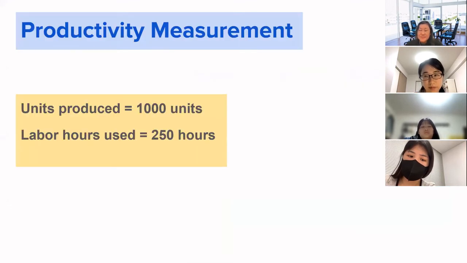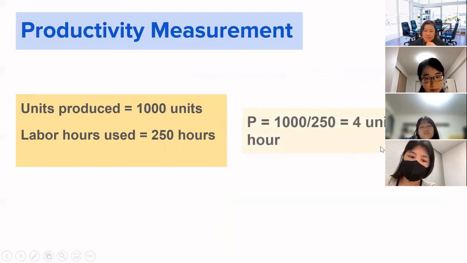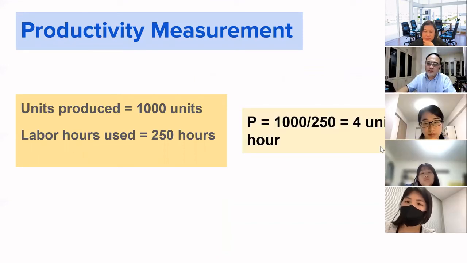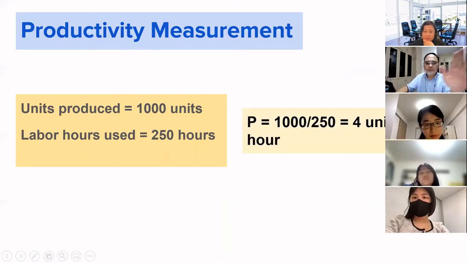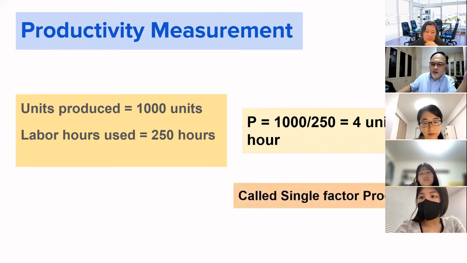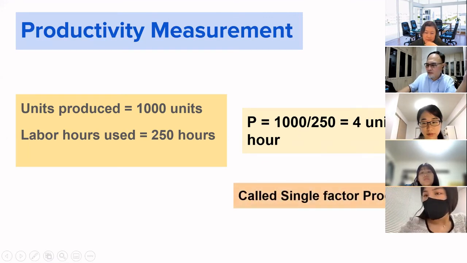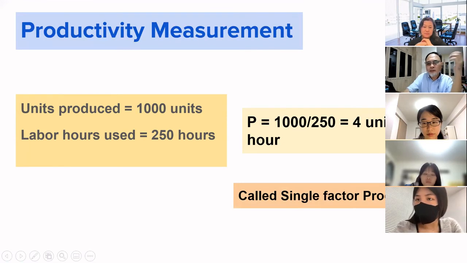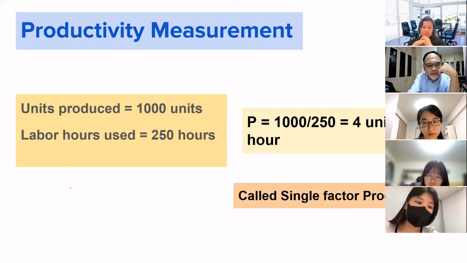So for productivity measurement, I've given the example just now. Units produced is 1,000 units. Labor hours, same concept that I showed you just now. So this is productivity measurement. Very simple, but this is the formula. This is called single factor productivity. So how to increase productivity?